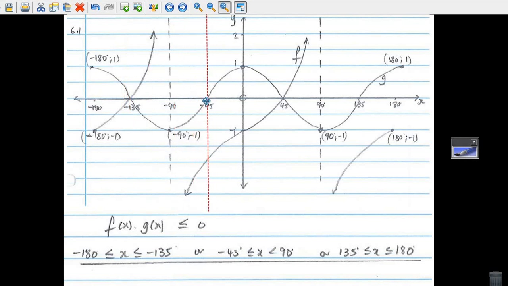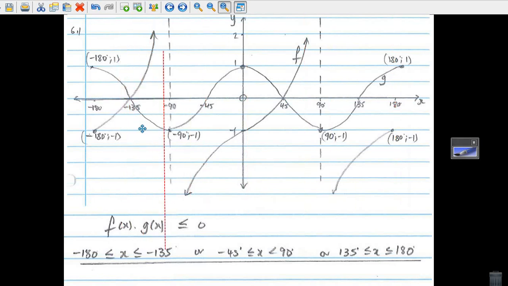They're on opposite sides right here between minus 45 and all the way to 90 degrees. So all the way in there, they're on opposite sides. And between 135 and 180, they look like they're on opposite sides.